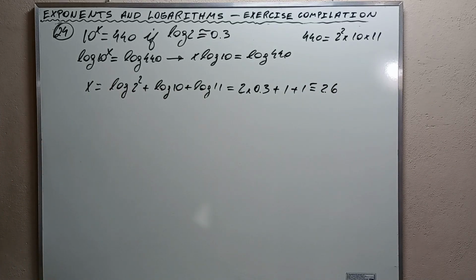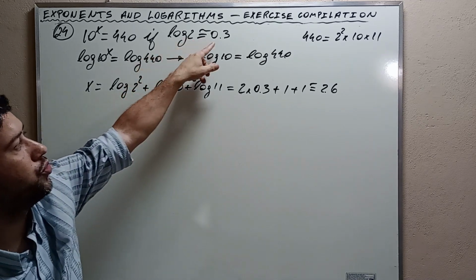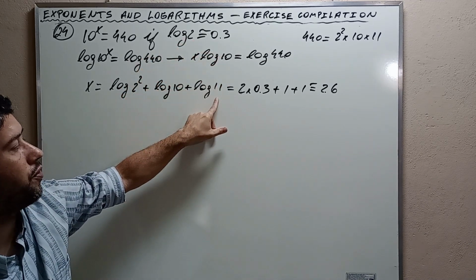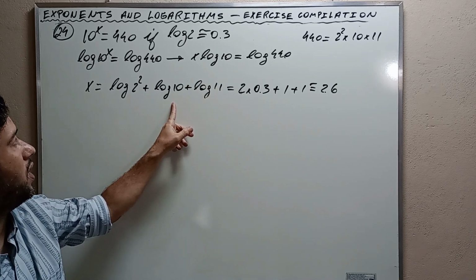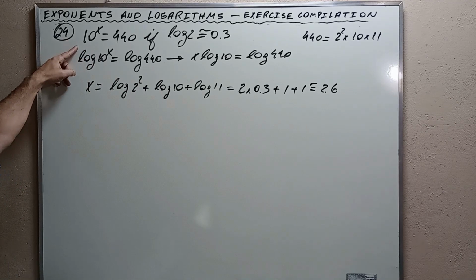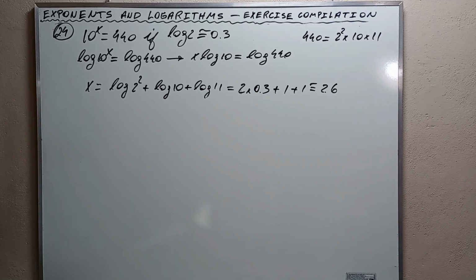Then if we can approximate the logarithm of 2 to 0.3 and the logarithm of 11 to the logarithm of 10, we find that x in this expression here is equal to 2.6, okay? And this is all for exercise 24.